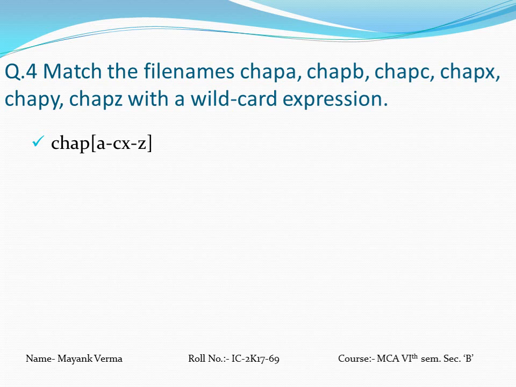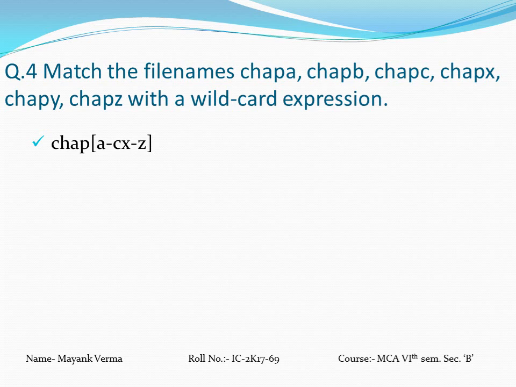Now question number 4: match the file names chapa, chapb, chapc, chapx, chapy, chapz with a wildcard expression. Now you can see the answer. chap[a-cx-z]. We give the ranges a to c and x to z.